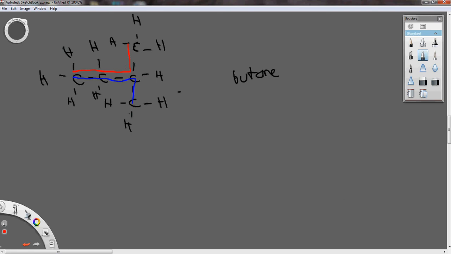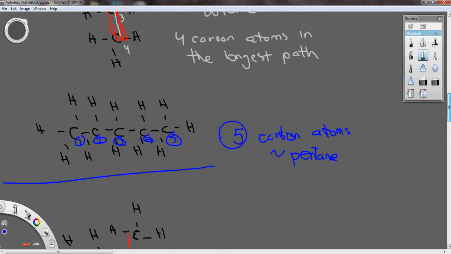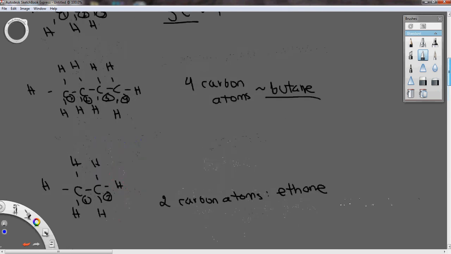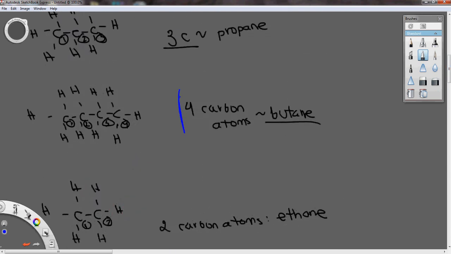At most, the path can only get 4. So I'll use the blue path as an example. 1, 2, 3, 4. That's 4 carbons. 4 carbons, if you can recall, equals butane.